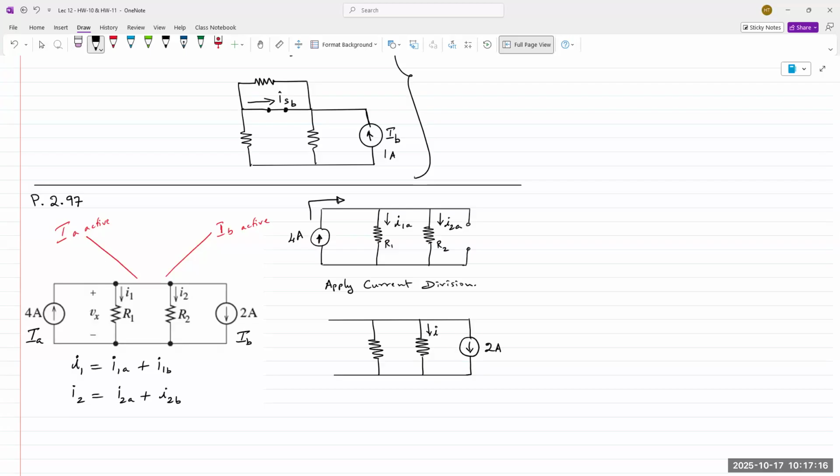Now this is I2B and I1B. Keep in mind that the 2 amp current is coming down, and so the currents are actually flowing up.